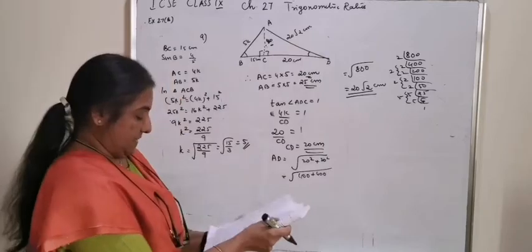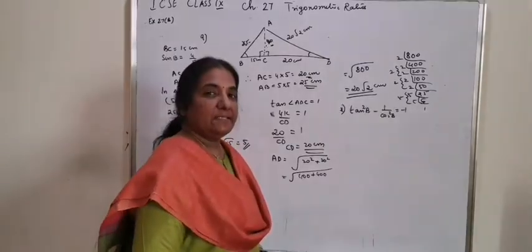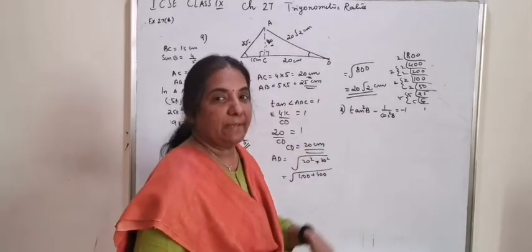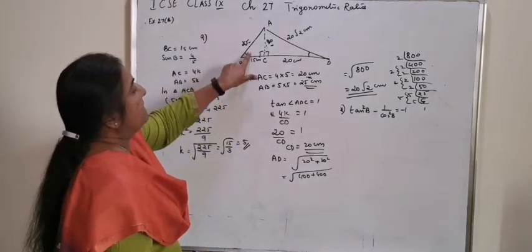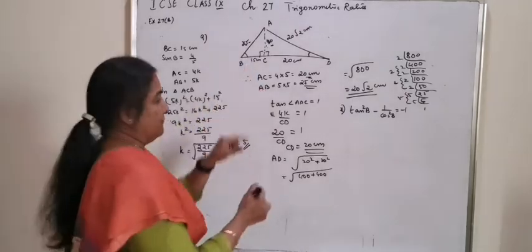20 root 2 centimeter. The second part is prove that tan square b minus 1 by cos square b is equal to minus 1. Tan b is 20 by 15.